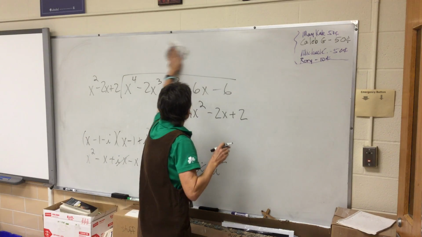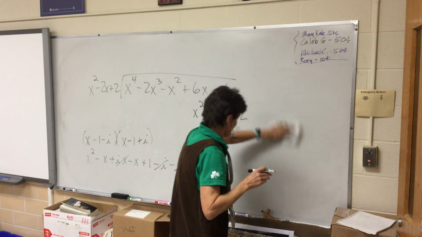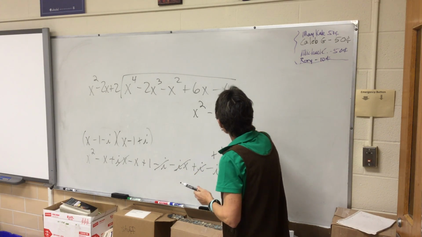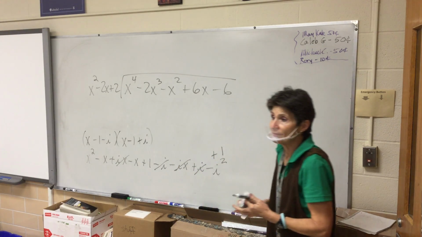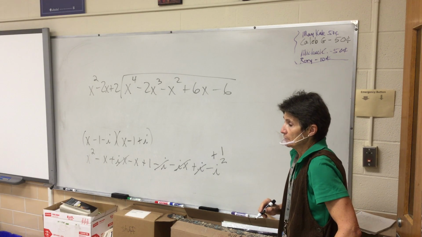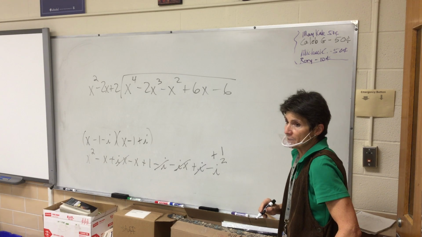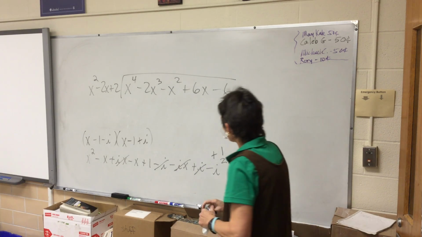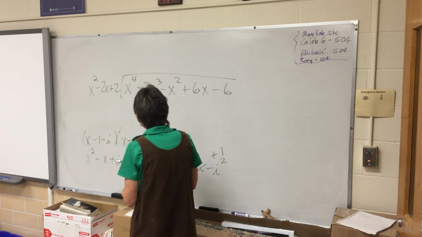So I took the two roots that I knew, made factors out of them, multiplied them together, and now I'm going to divide by that thing. What should the remainder be when I'm all done with this division? It better be 0, that's right. So we're going to find out. Here we go.